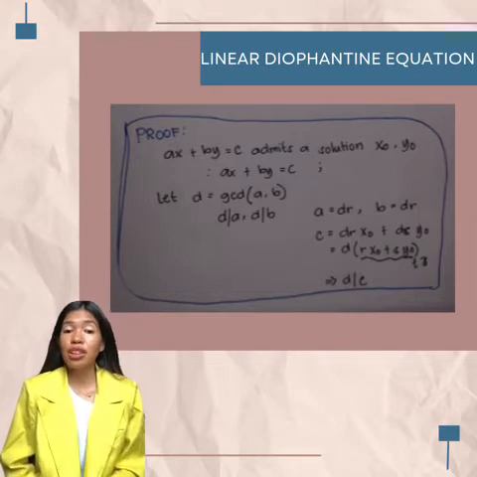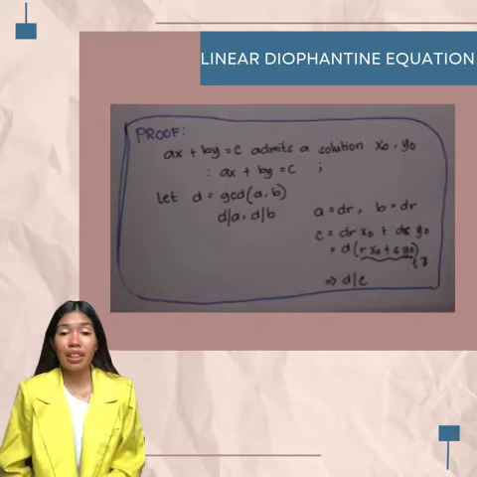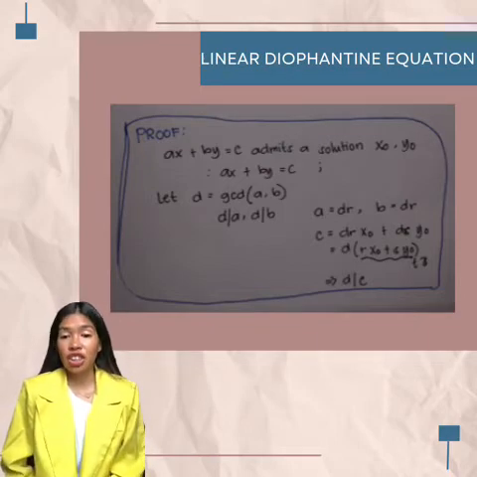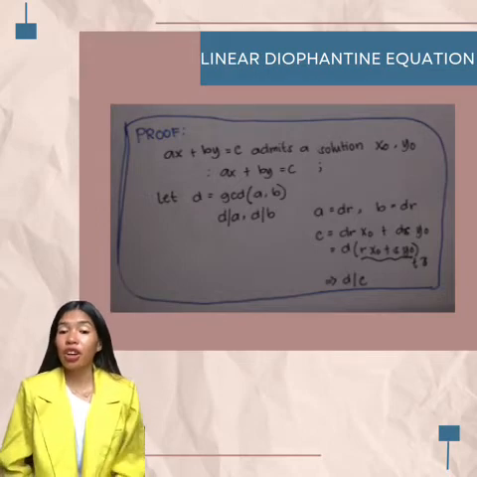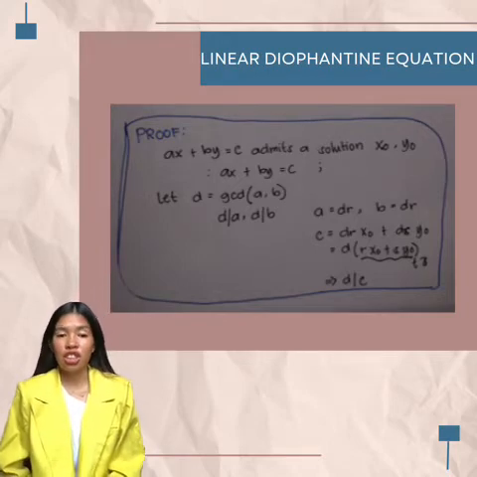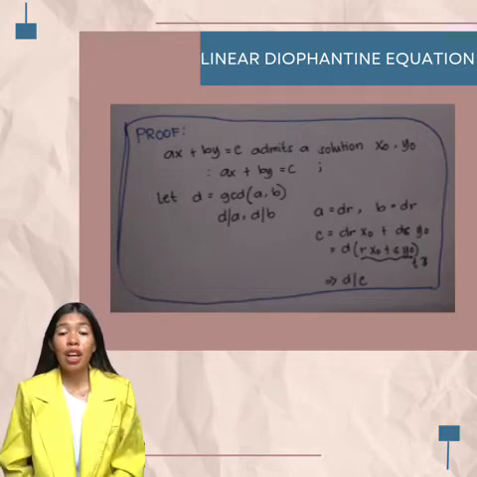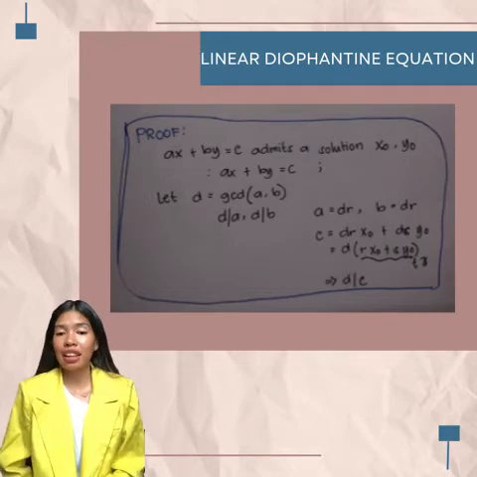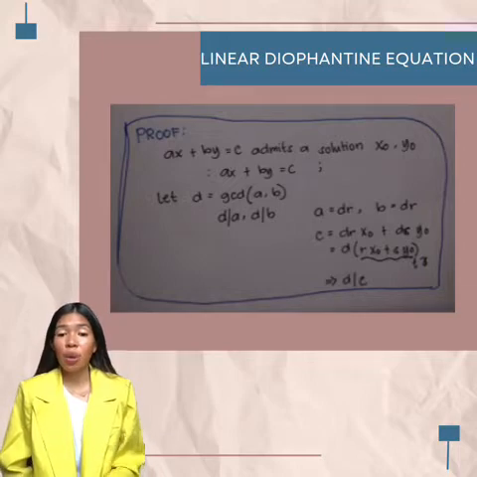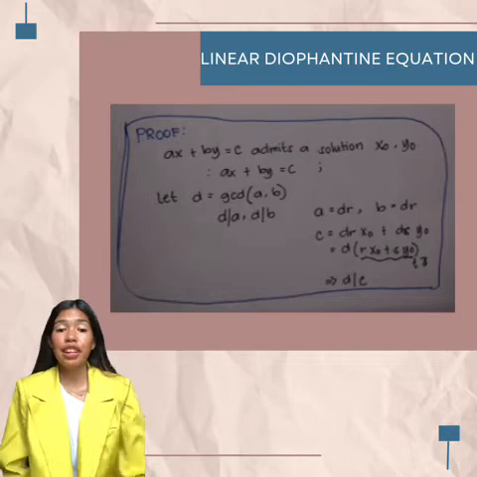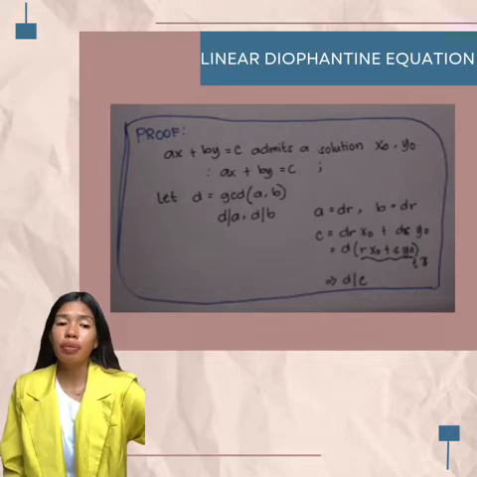Take D common, so this is D times (r x naught plus s y naught). These are all integers. D of course is an integer, but we can see that C comes as a multiple of D. So this implies that D divides C, and that holds our condition we wish to prove, that D must divide C if this admits a solution.